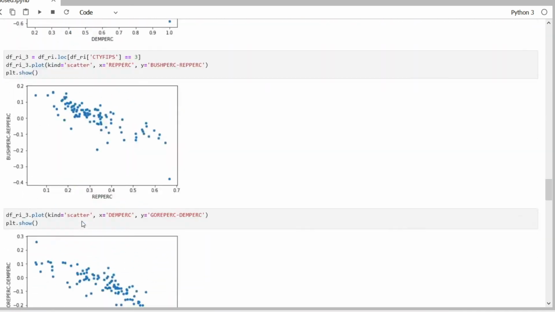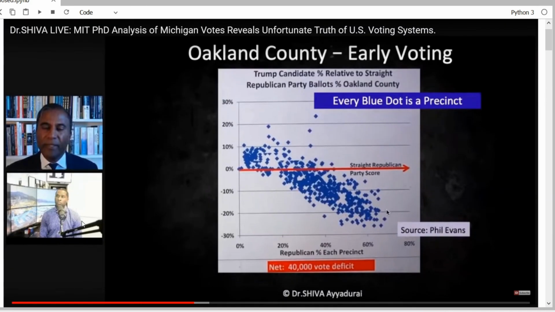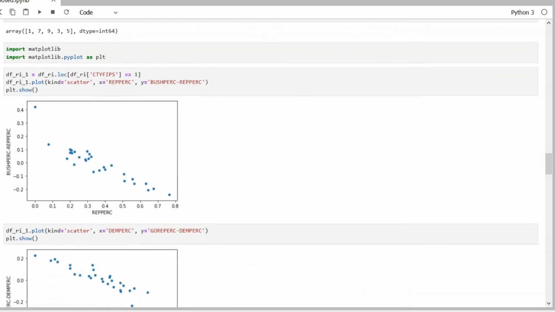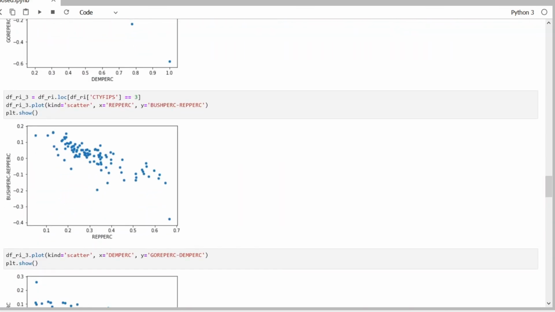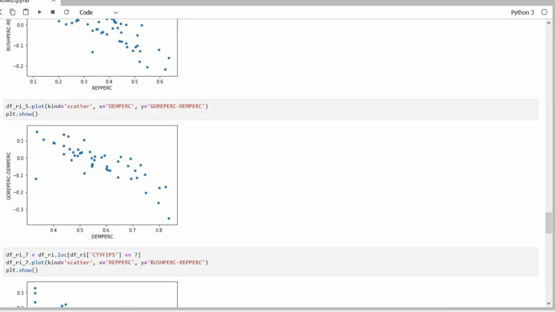My conclusions are that if this is an indication of fraud, then there was also fraud in Rhode Island in 2000.